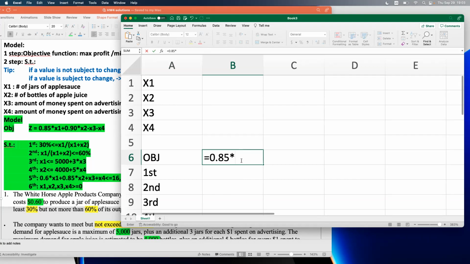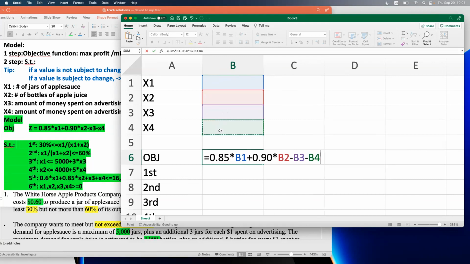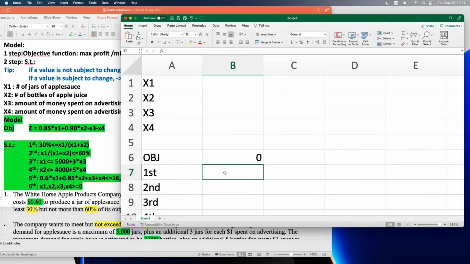Remember, here we don't put X1 because Excel won't recognize it as X1, so we need to put B1. Now use the Excel language. Plus 0.90 times X2 minus X3 minus X4. So that's our objective function.